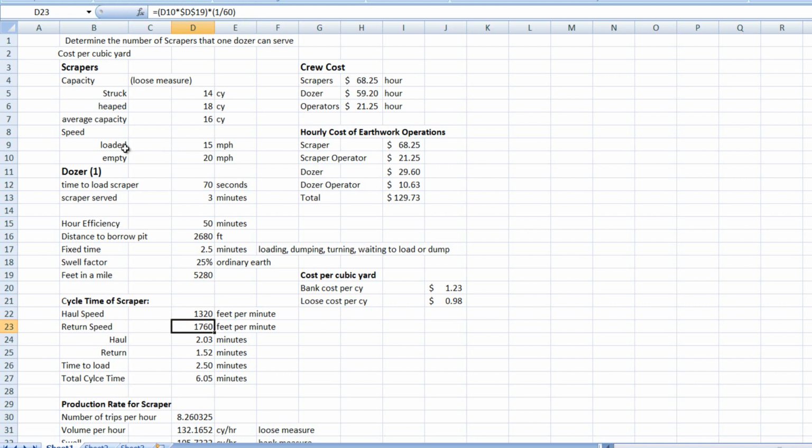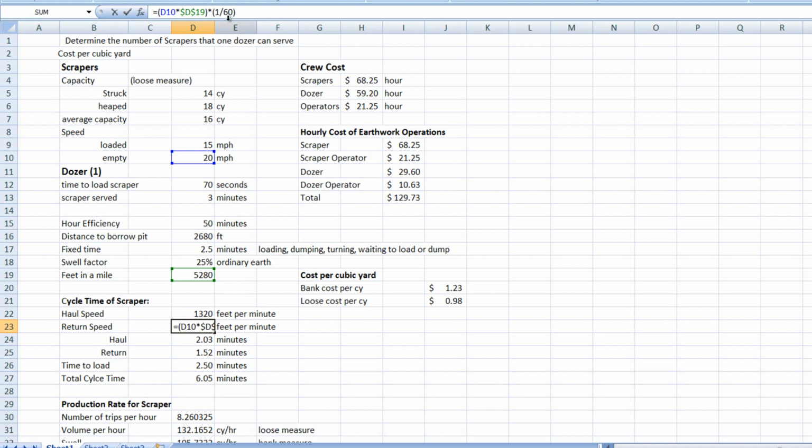So that's the haul speed, right? It was 15 miles per hour because it was loaded. Now on the return speed we're going to go ahead, very similar equation. We're going 20 miles per hour, and that's 5,280 feet per mile.